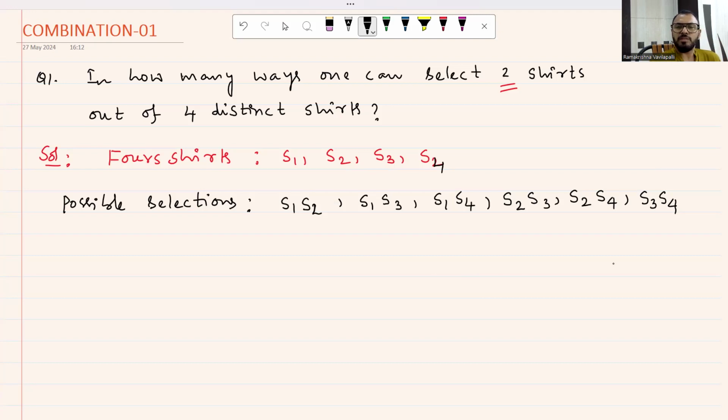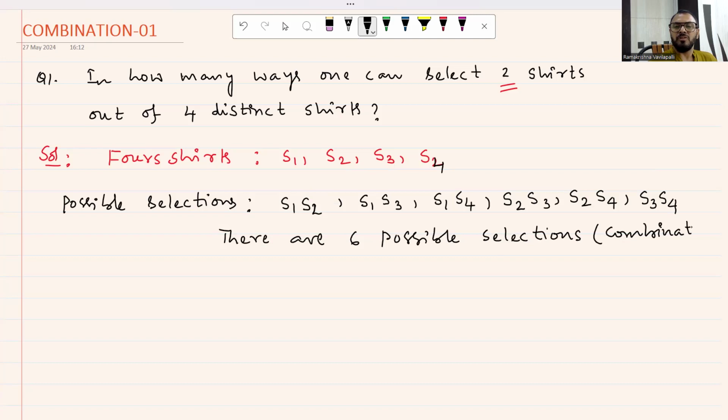So there are 6 possible combinations or 6 possible selections. That selection is also known as a combination.